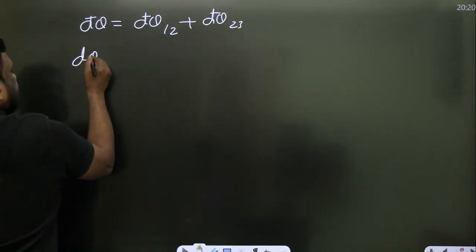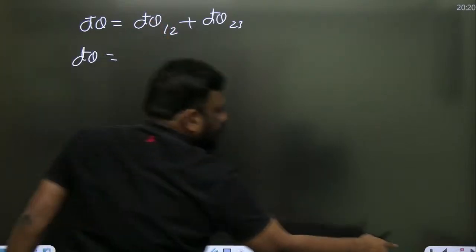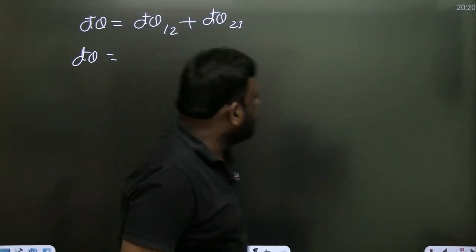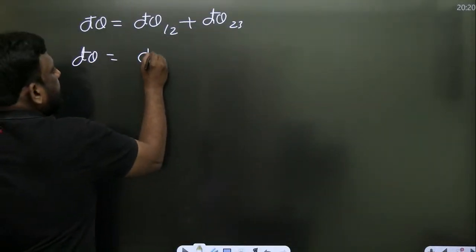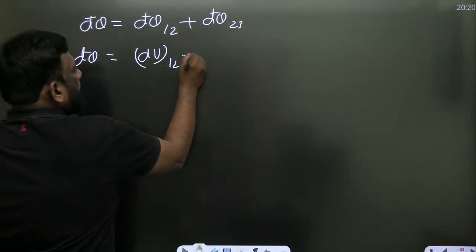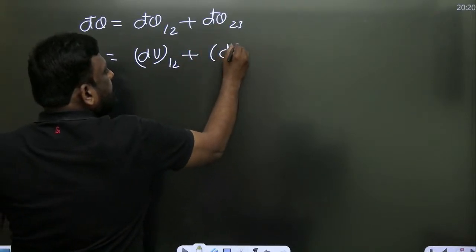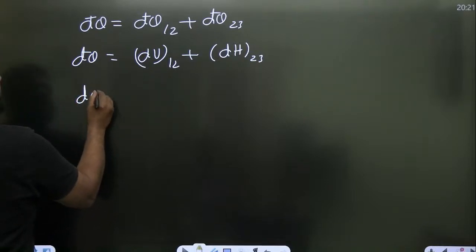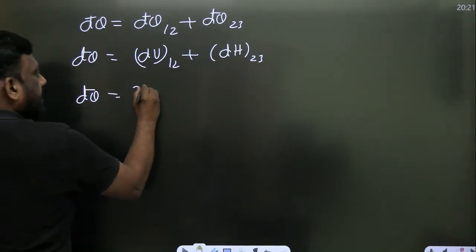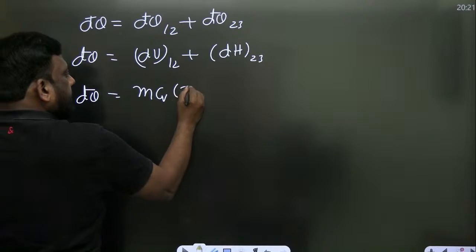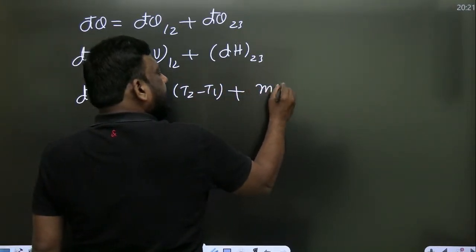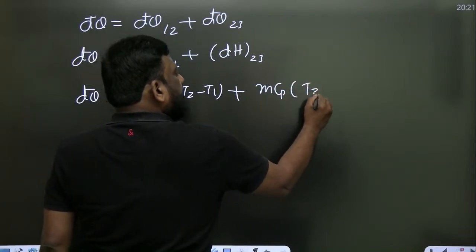Look here, sir. What is the 1 to 2 process? It is a constant volume. For constant volume, it is change in internal energy. For constant pressure, it is change in enthalpy. So heat transfer is given by, look carefully, mCv (T2 minus T1), final minus initial, plus ΔH, which is mCp (final minus initial).